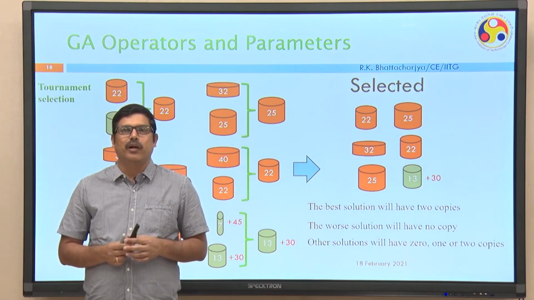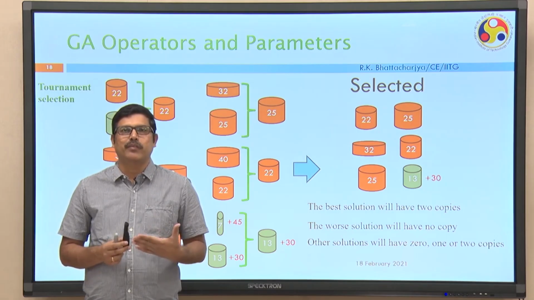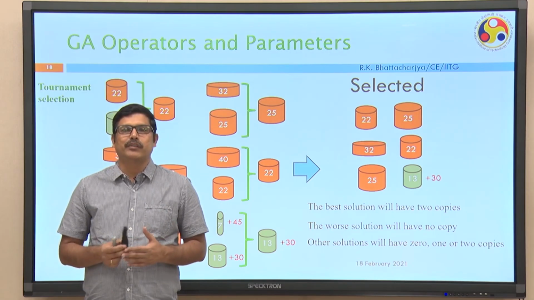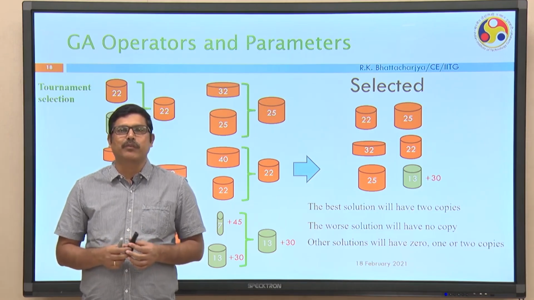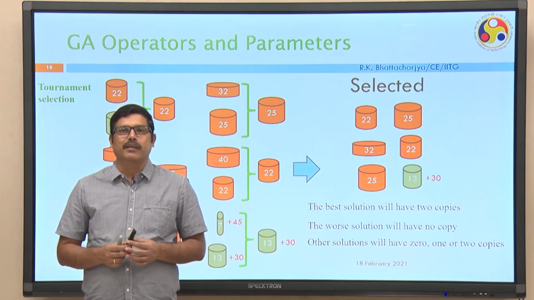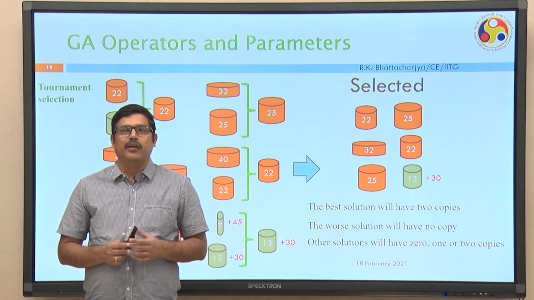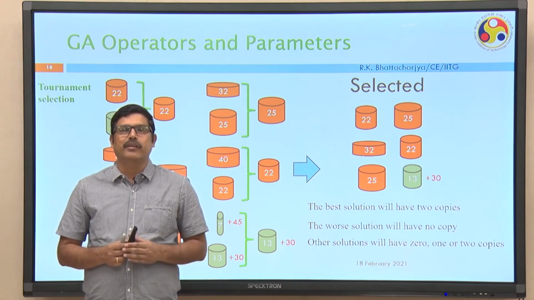I will show you how to generate the initial population, and then a fitness value will be assigned to each solution in the population. I discussed the fitness function for a minimization problem and for a maximization problem. I can also convert a minimization problem to a maximization problem, which I discussed yesterday, and then you check for the termination criteria.